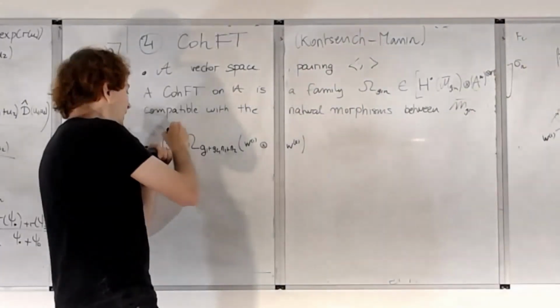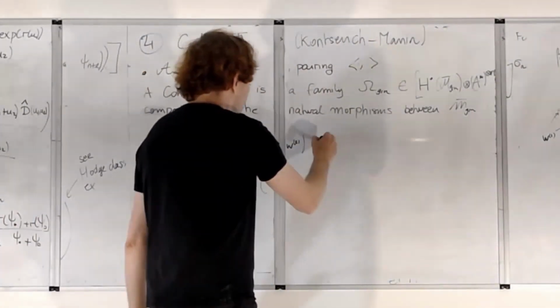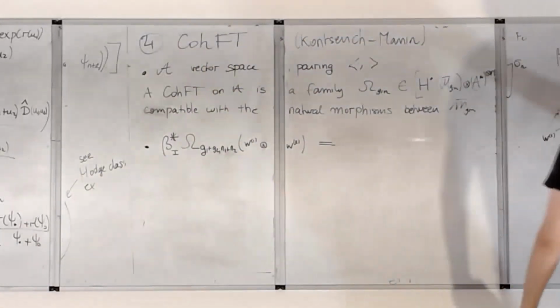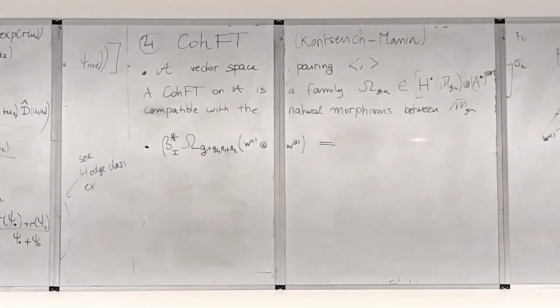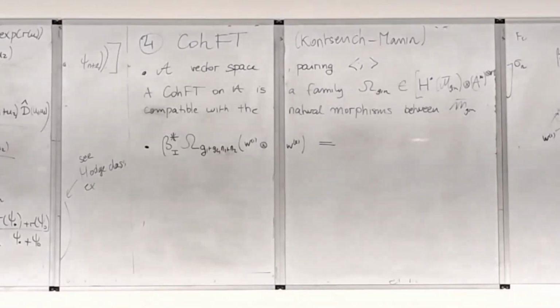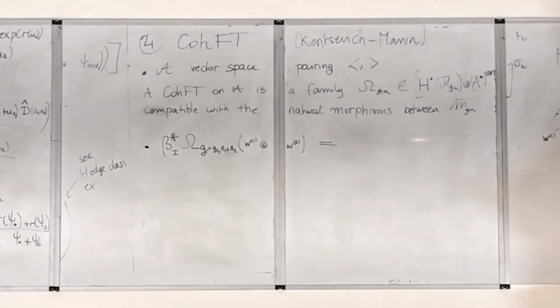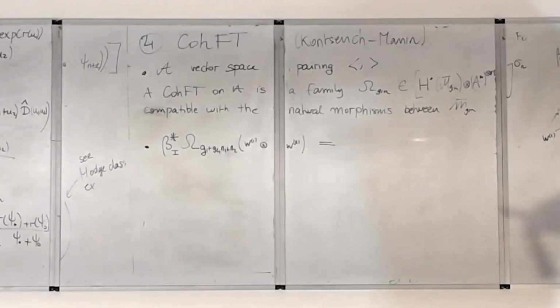Now I can pull it back. When you pull back, you get a cohomology class on this product of moduli spaces. We want to say it's compatible, which means that, what other class do we have here?